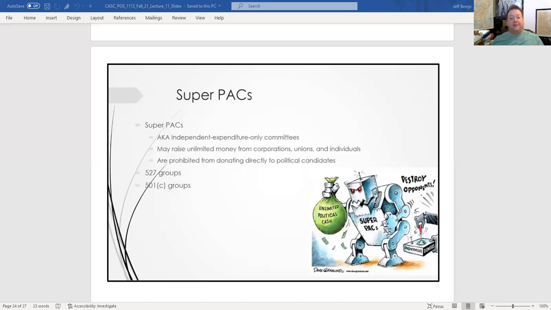And then they can give $5,000 a year to a state party committee. Also, that $15,000 that they can give to a national party is $15,000 per year. The $5,000 that they can give to another PAC is $5,000 a year.